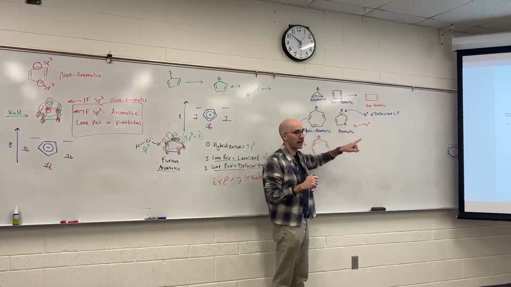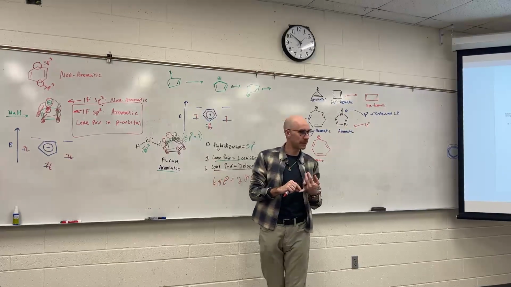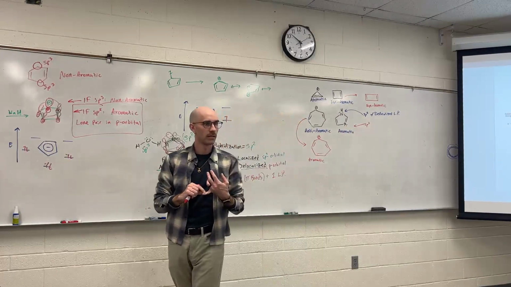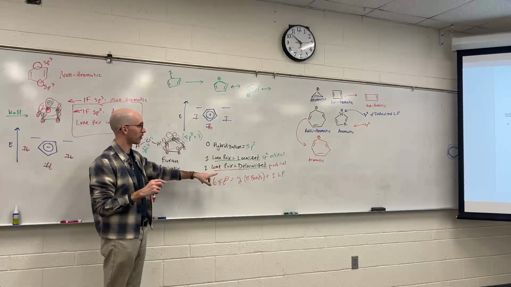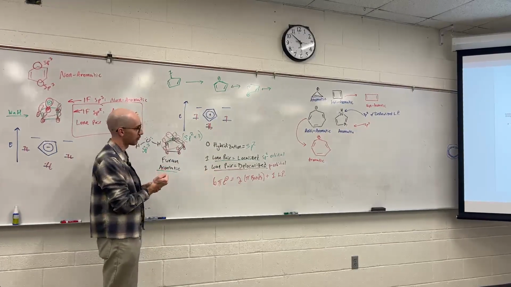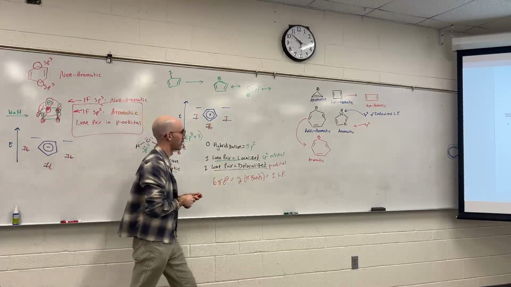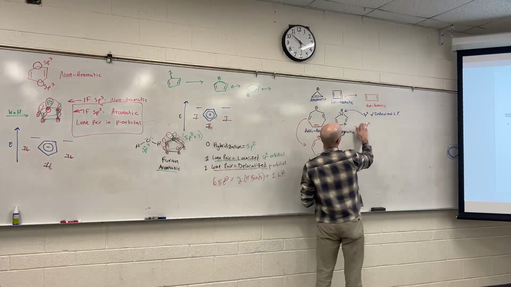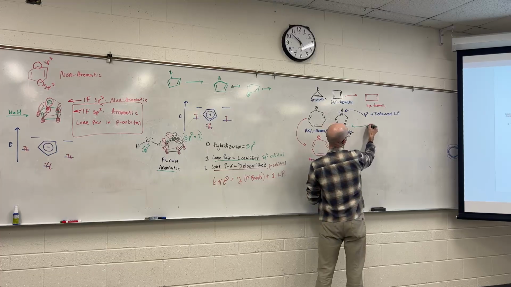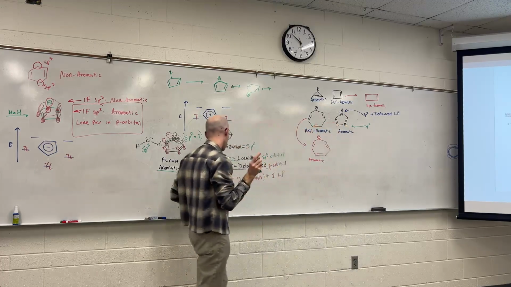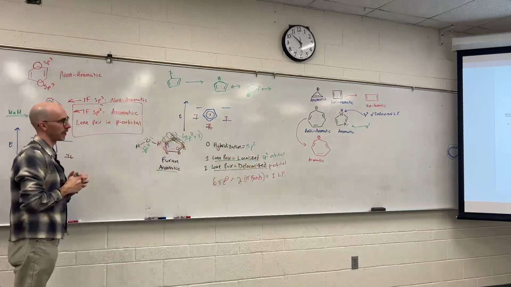What about its lone pair? Is it not in a p orbital? To be delocalized, it has to be in a p orbital. And now I'm worried that using red here is bad. I'm going to use green. Okay, let me phrase it this way.